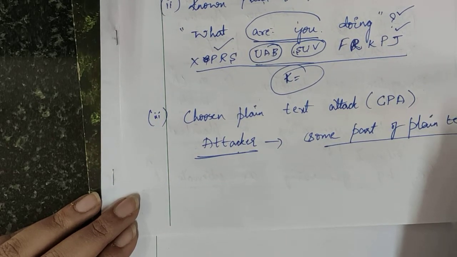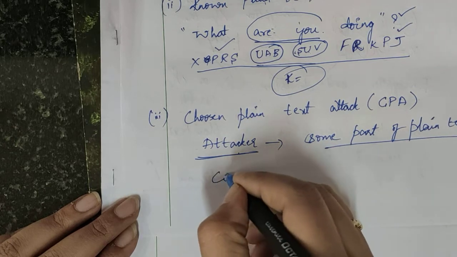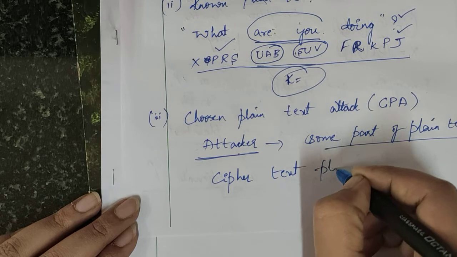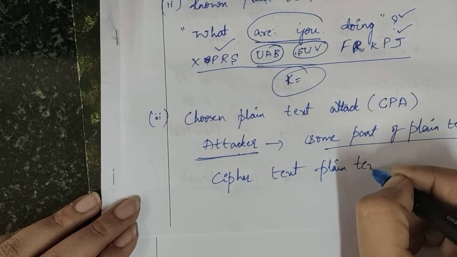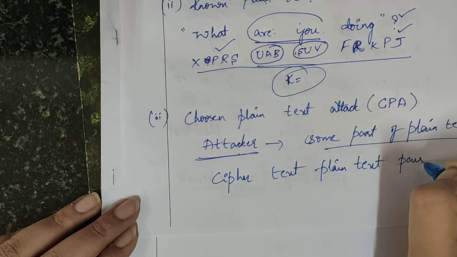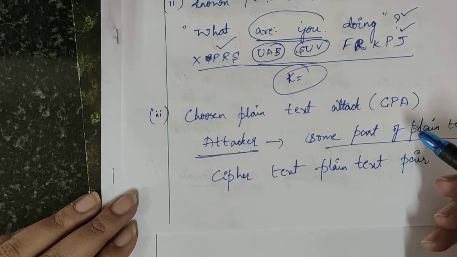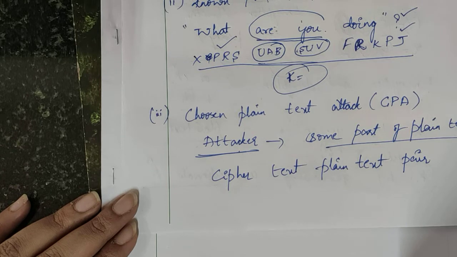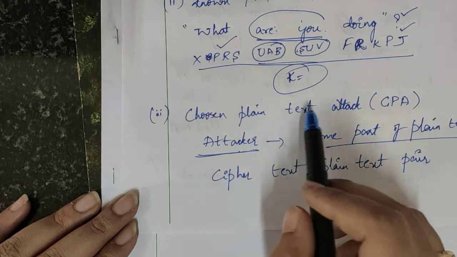So what he will do is he has the ciphertext plain text pair of his choice. So he just wants to find the rest of the plain text using the encryption key. That is nothing but a chosen plain text attack.